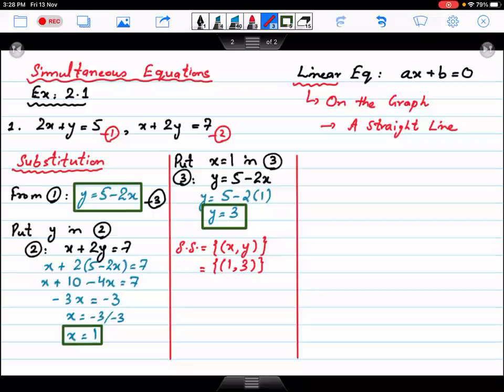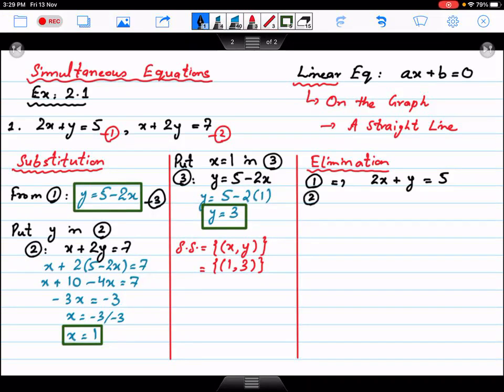Okay, now we move on to the elimination process. What is the elimination process? Elimination means that we have to cut off a single variable. So when I take a look at equation number 1, it is 2x plus y is equals to 5.